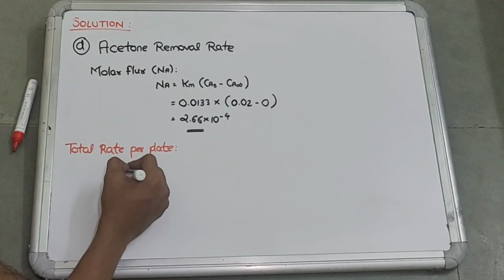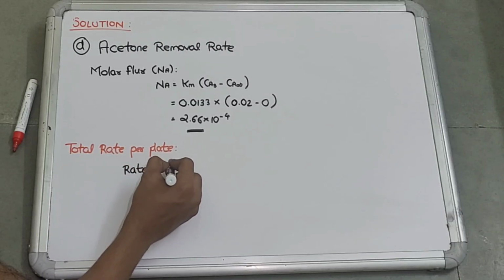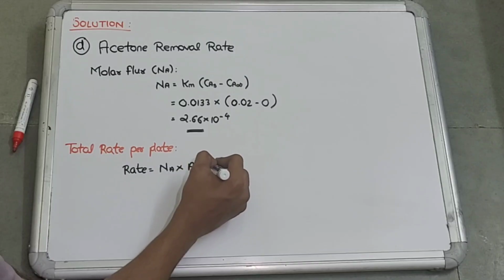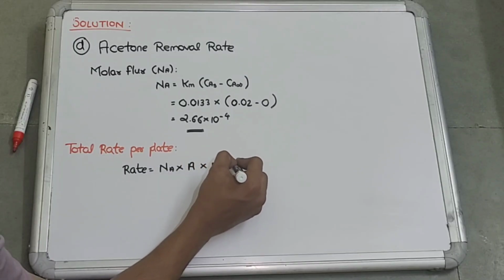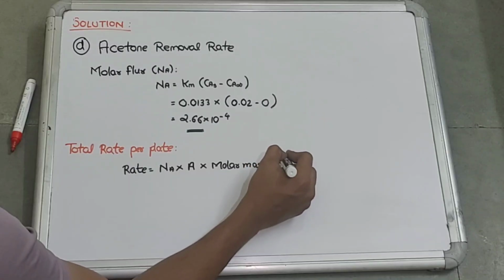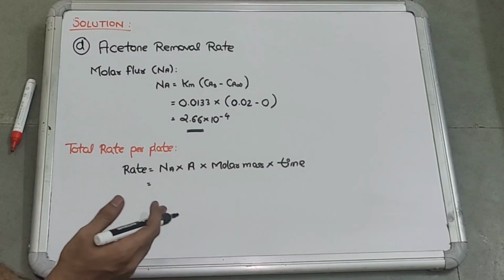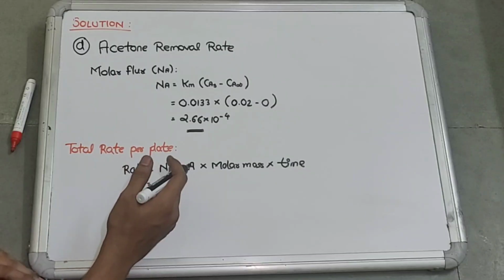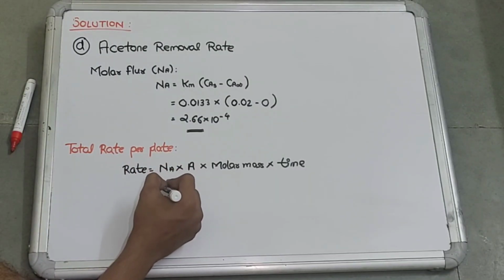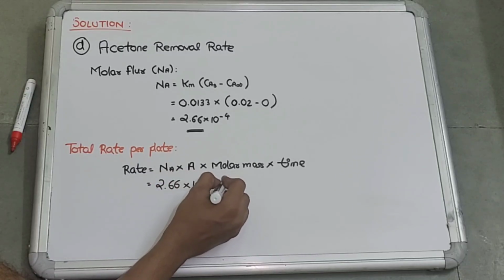Now the formula for finding rate is given as Na, that is molar flux, into area into molar mass multiplied by time. Now according to the given data, we know molar flux is calculated to be 2.66 into 10 power minus 4.